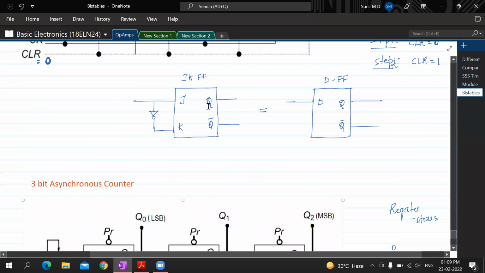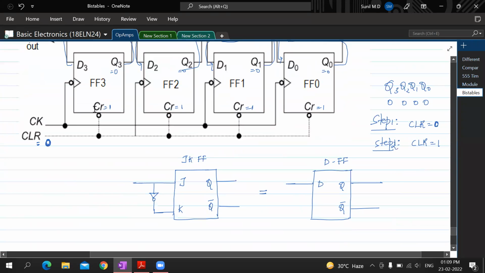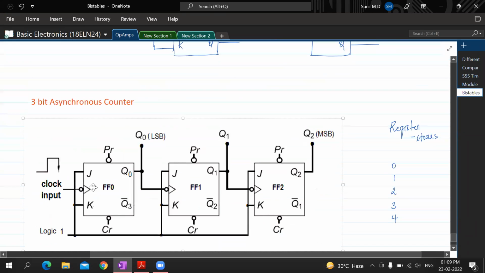Everybody see here, asynchronous counter. Now see, what is the difference between the clock that is applied here and the way the clock is applied here? Can you make out the difference now? See the clock input here. The clock input is given to only the first flip-flop, whereas the clock to the next flip-flop is given from the output of the first flip-flop. So the output of the first flip-flop is going to be the clock to the next flip-flop, and the output here is going to be the clock to the next flip-flop.